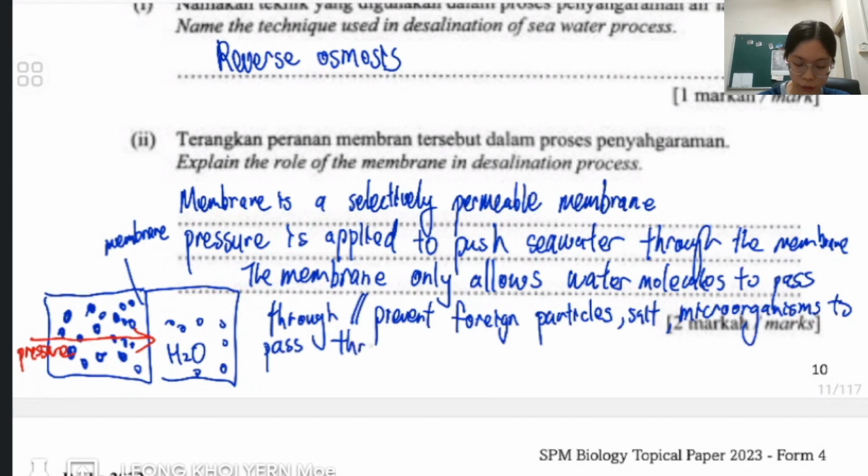So in the end, what is the product you get? You get to produce pure fresh water.